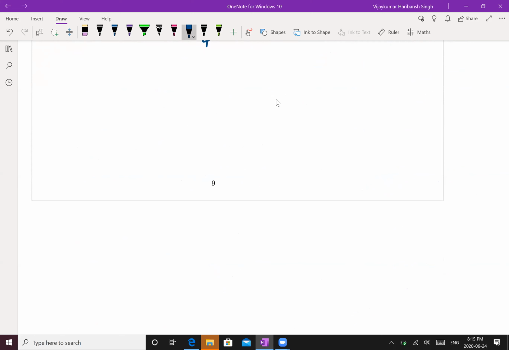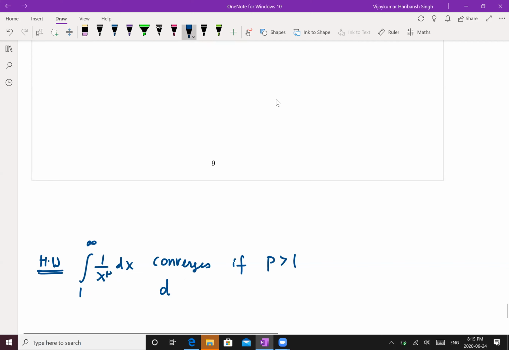So here's the homework, or here's something we should prove: the integral from 1 to infinity of 1 by x to the power p dx converges if p is greater than 1, and diverges if p is less than or equal to 1.